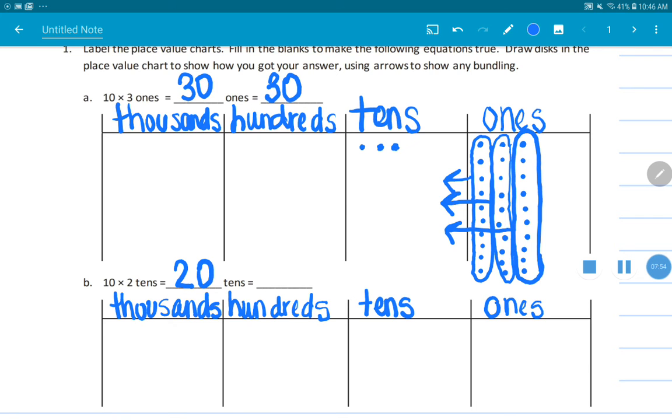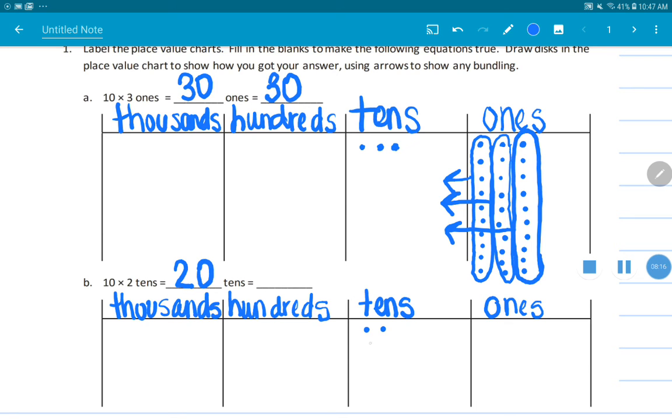We were starting with how many tens, Caden? 2 tens. So we're going to put those in our place value chart. What are we multiplying those 2 tens by? We're multiplying by 10, which is going to equal 20. So let's represent that on our chart.